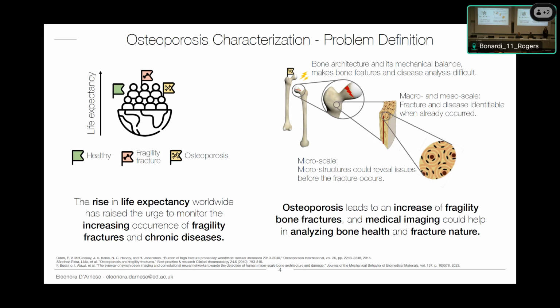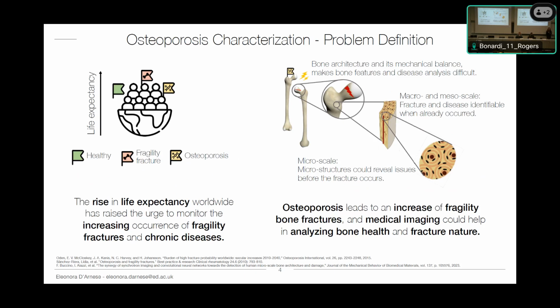The other part is that osteoporosis increases the fragility of the bone, and medical images can help us in analyzing the fracture and its nature. The problem here is that generally when we have a fracture, we can find it at the macro scale. If you have ever broken something, you go to the ER, they take X-rays, and they can detect the fracture.